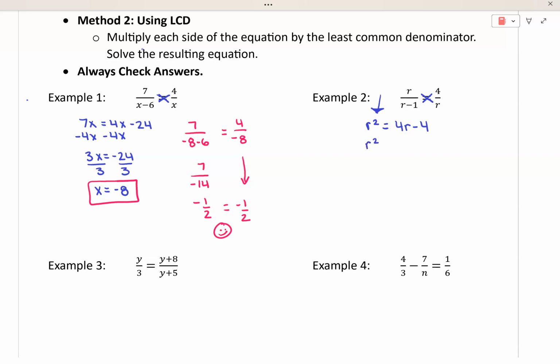So everything to the left, so we subtract the 4r, add the 4. So we got to factor that. What times what gives us a positive 4 and, when added together, a negative 4? That's going to be r minus 2, r minus 2, and when you set that equal to 0, you get r equals 2.